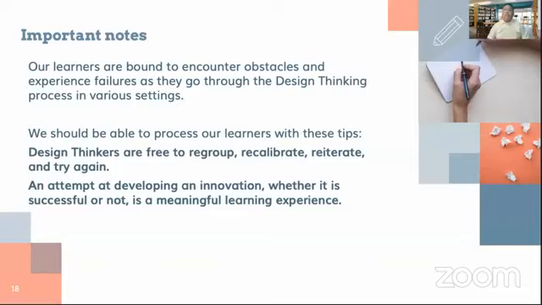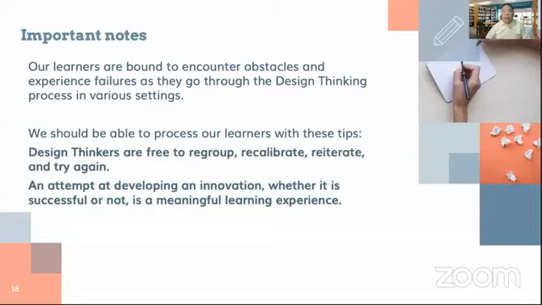Because an attempt at developing an innovation, whether it is a successful one or not, it is a very meaningful learning experience. And as educators, ito po, malalim po hugot ko nito bilang estudyante pa lang ako noon. As an educator, I always valued those teachers who helped me process yung mga failures ko, shortcomings ko, and who helped me realize that I will learn a lot from these, even though they are classified as a negative event.